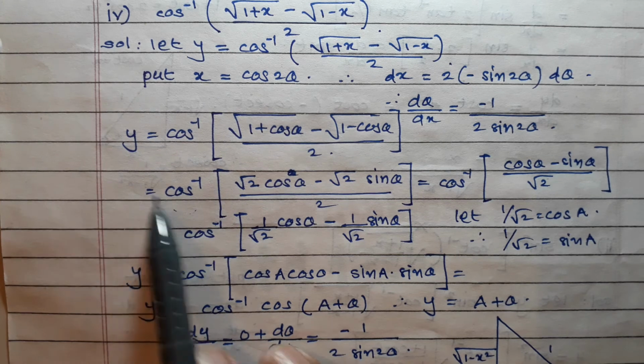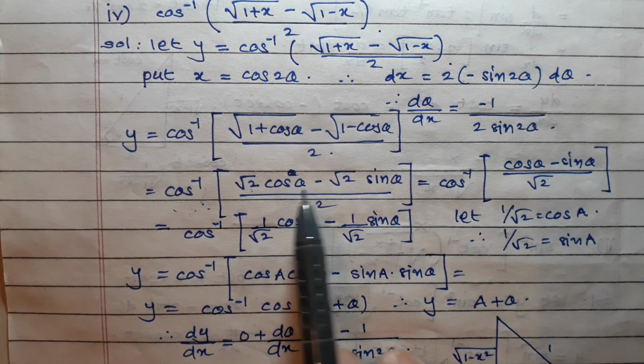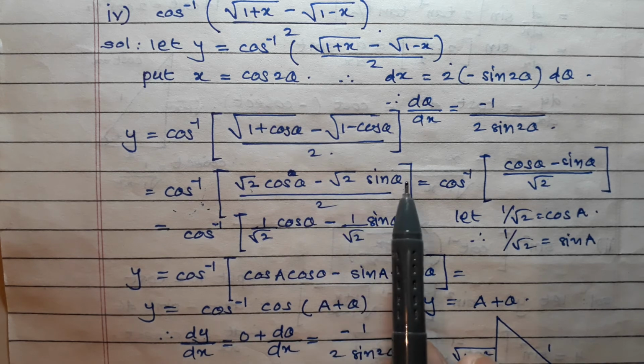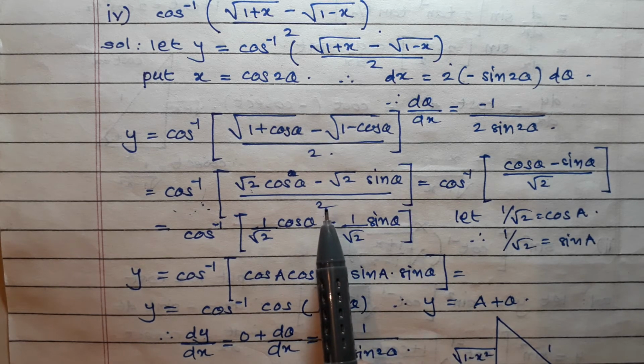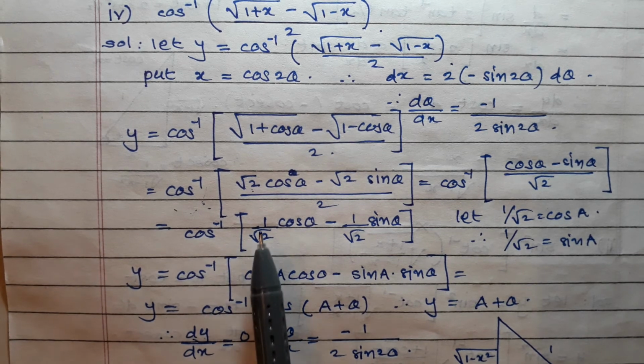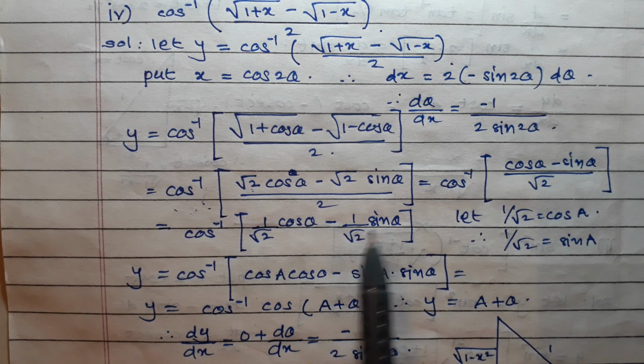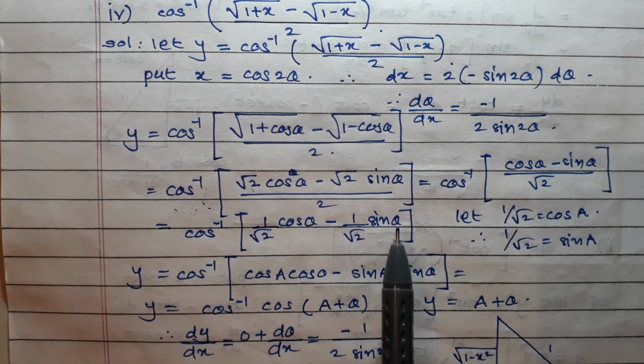Therefore y is equal to cos inverse (root 2 cos theta minus root 2 sin theta) upon 2. So if you simplify this, it is cos inverse of 1 upon root 2 cos theta minus 1 upon root 2 sin theta. Okay.